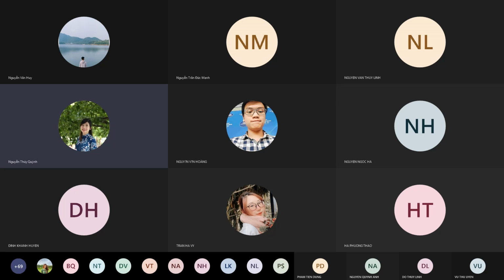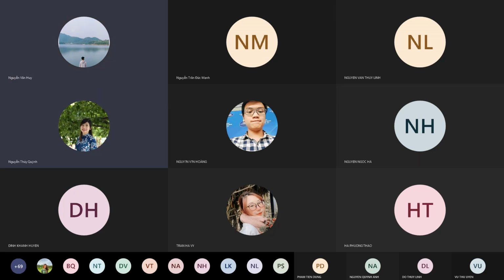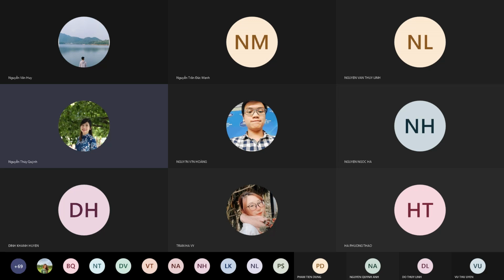But for a different sample, we will have a different sample mean of y, a different sample mean of x, and also different summations. That's why for different samples, we will have different values of beta 0 hat and beta 1 hat, which means that beta 0 hat and beta 1 hat are random variables.